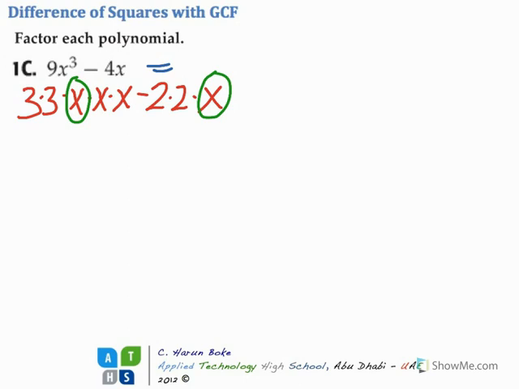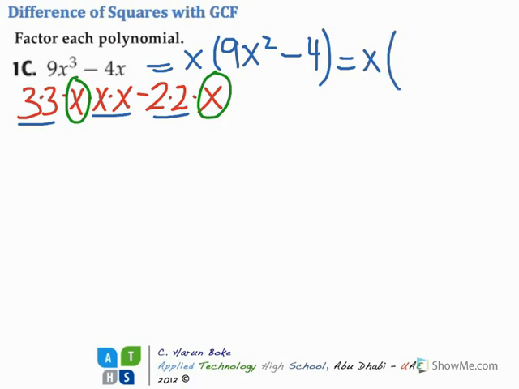So what we're going to write here is x outside the brackets, and inside I have 9, 3 times 3, and x squared, which is x times x, minus 4, 2 times 2. Now we have the difference of squares, so we will write x times (3x) squared minus 2 squared, because 3 squared is 9 and x squared is x squared.